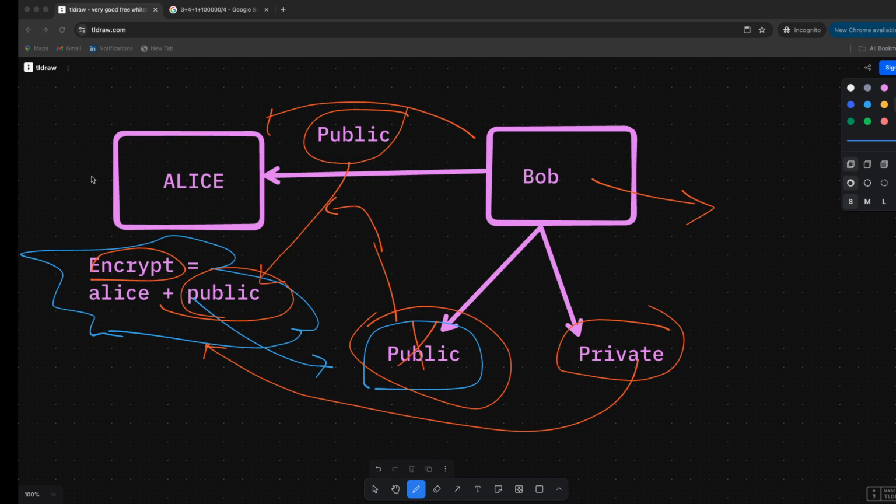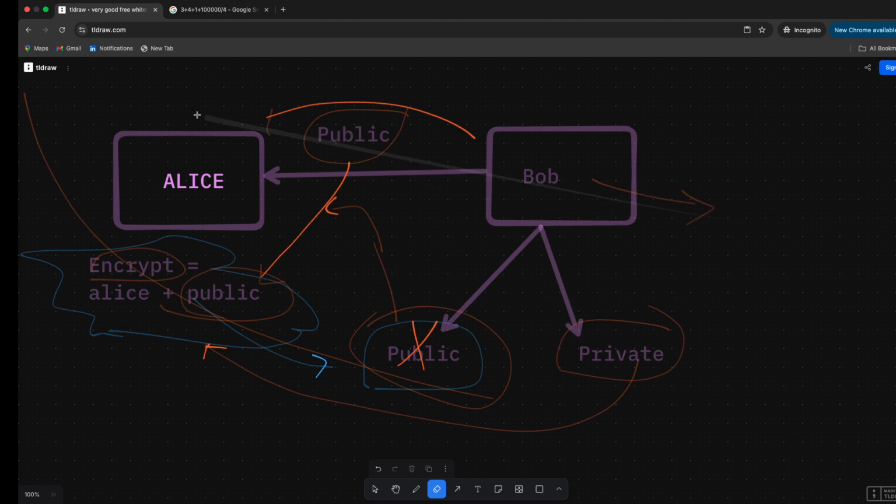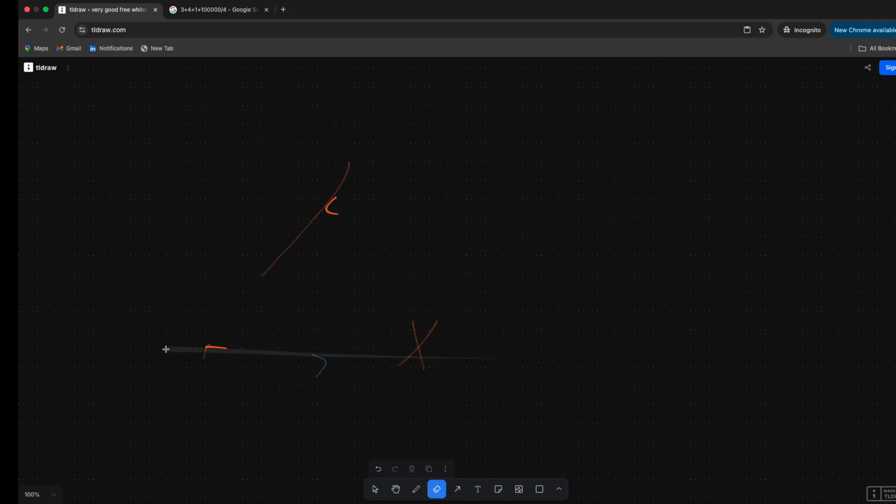So what are the drawbacks of symmetric cryptography, right? I mean, there is some issue with symmetric that we need to understand. So let's see that. Issues with symmetric crypto.